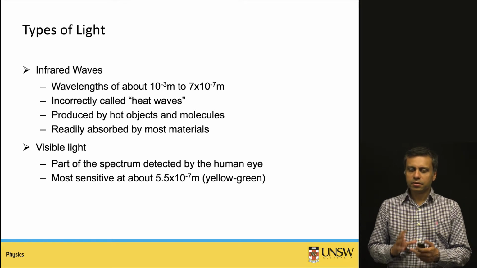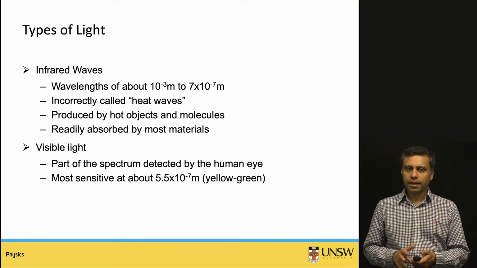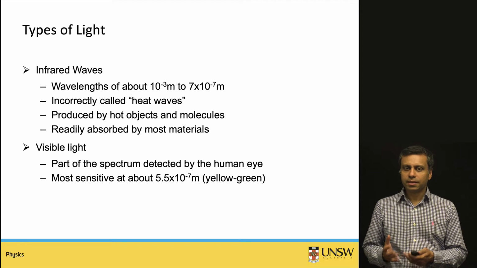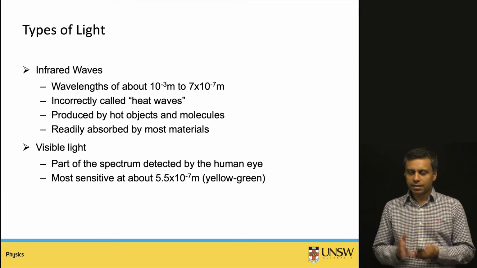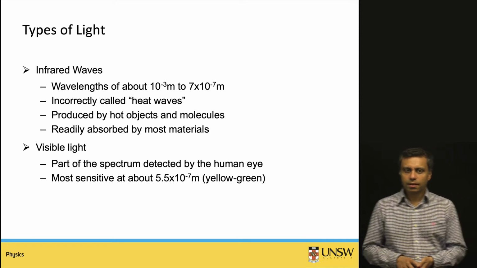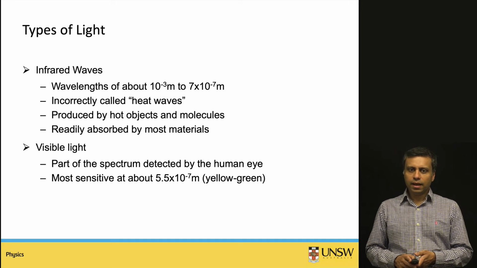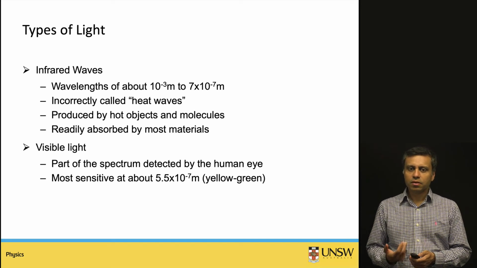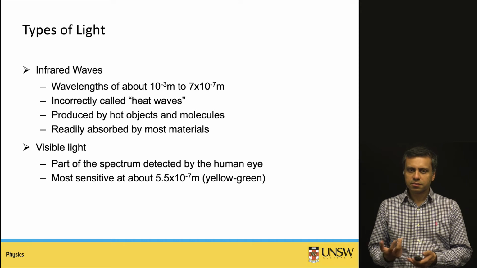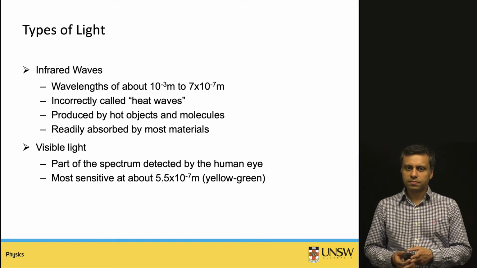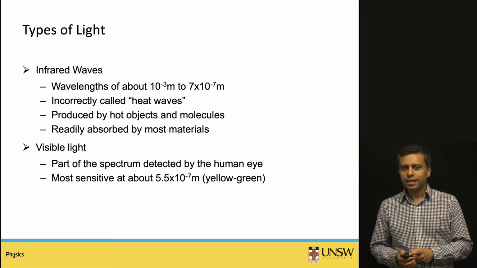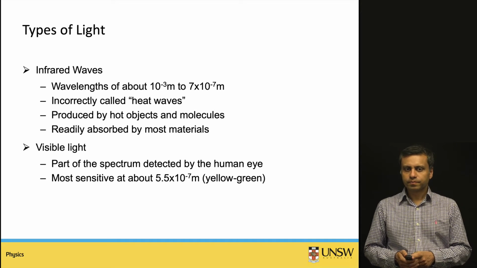They are just electromagnetic waves that appear just below the red light, and they are also emitted by hot objects and molecules. That's why they are sometimes incorrectly called heat waves. And these are readily absorbed by most materials.